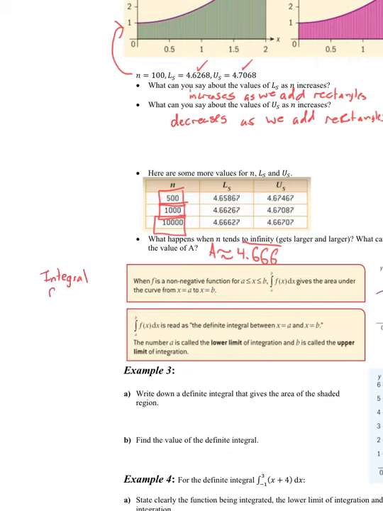It's going to look like an S, a music sign, something weird like that. It's going to have a and b. a is the lower bound, or the lower limit. b is the upper limit.